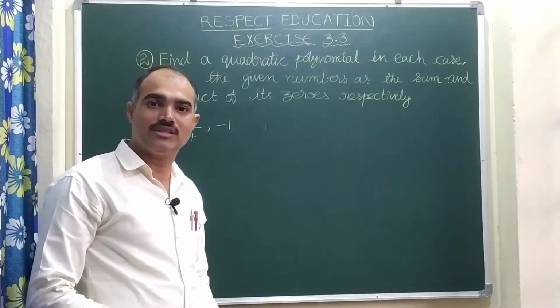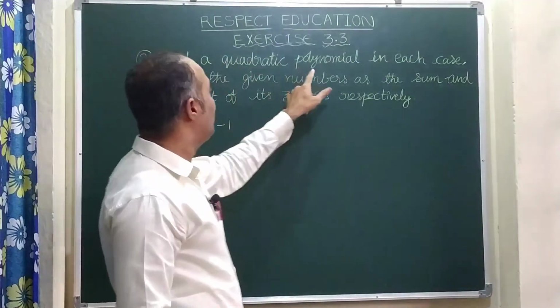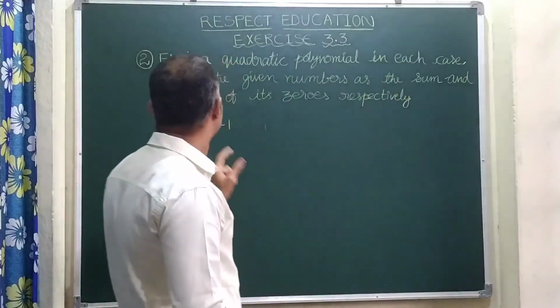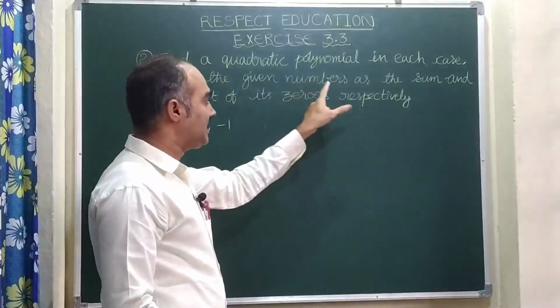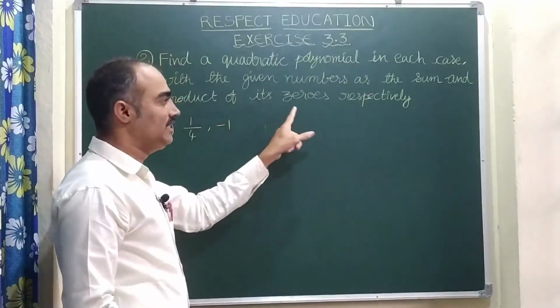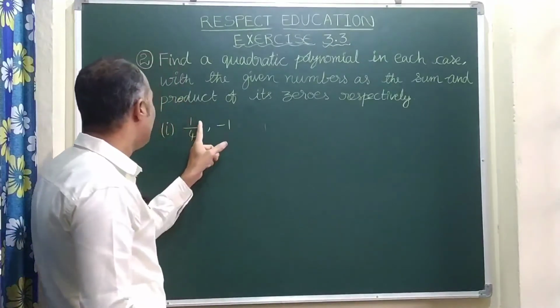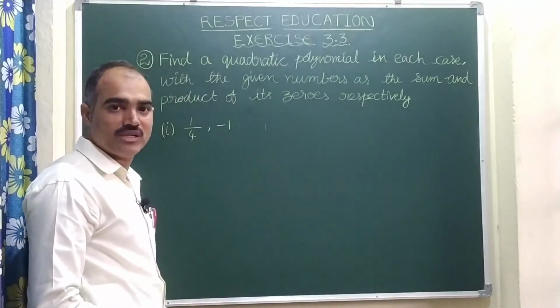Now let us see the next question, question number 2. Find a quadratic polynomial in each case with the given numbers as the sum and product of its zeros respectively. Here, in the first bit, 1 by 4 and minus 1 are given.